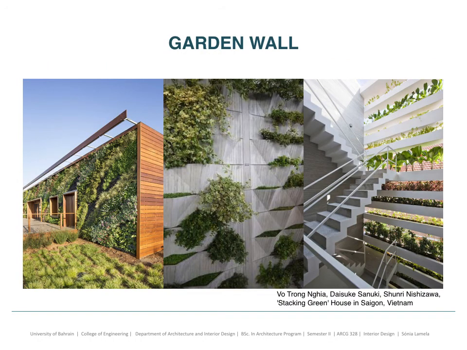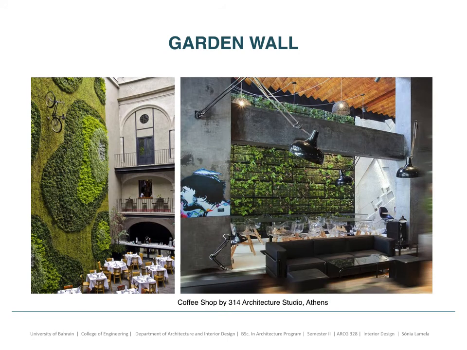Then we have the green wall. Green walls, we can have in outdoor areas, like the picture on the left, but we can also have real-life green walls in indoor areas. They can easily transform the feeling of the space inside.